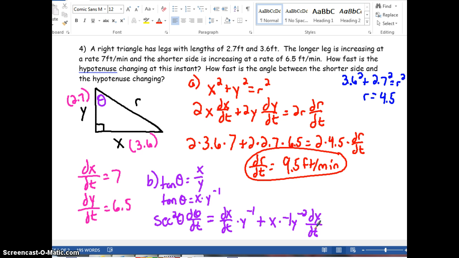At this point, we're going to take all the information and plug it in. On the right side, we have all the information given to us, what I have written out in pink. On the left side, we have secant squared of theta, but we don't have theta. So, just like prior, when you're missing something, you go back to the original equation, the tangent of x over y.